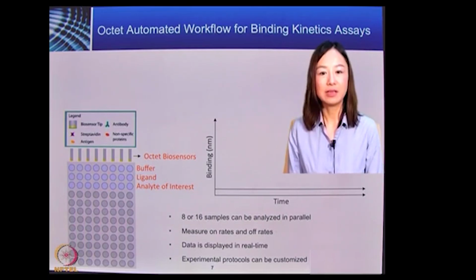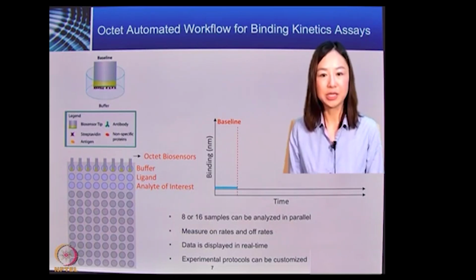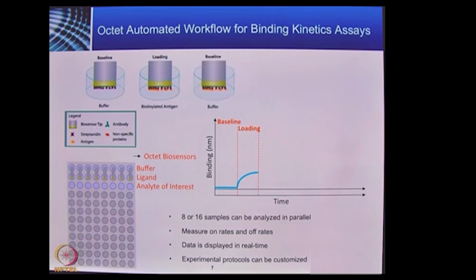So the ligand has already been biotinylated, and we'll first put the biosensor into a buffer to remove the protective agent from the biosensor. After that, the biosensor is moved into the wells that contain the ligand. The biotinylated ligand will bind to the streptavidin and generate a loading curve, as we can see here.